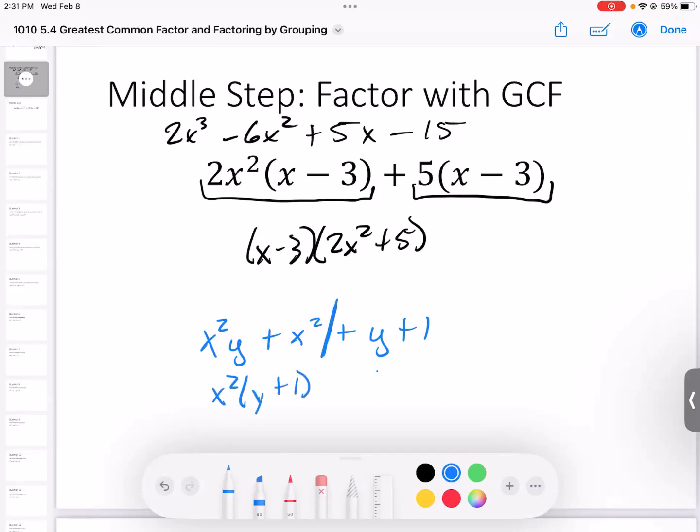But the second one doesn't have anything in common, but we can still factor out a greatest common factor. That's just going to be 1. It's not a very big common factor, but you can still factor out a 1, which leaves you with y plus 1 in parentheses. So if you ever don't have something in common, just say that the greatest common factor is a 1, because 1 times anything will still be itself.